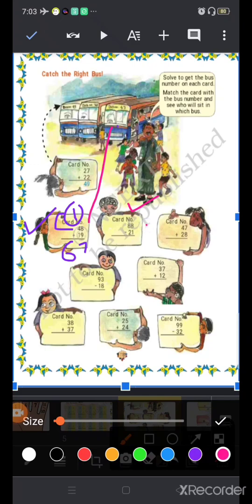So 8 minus 1 is equal to 7 and 8 minus 2 is equal to 6. Again, this is bus number 67. So again we'll match this card with bus number 67. Okay. Now we'll do this one. The next card, what number is given? 47 plus 28.